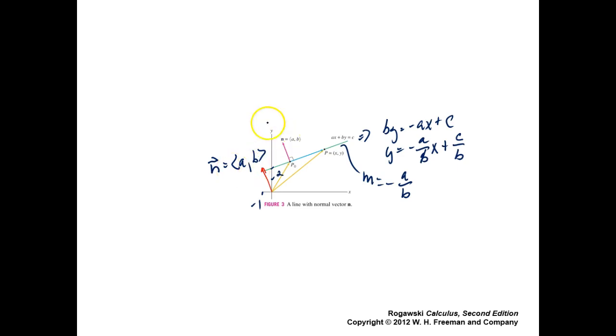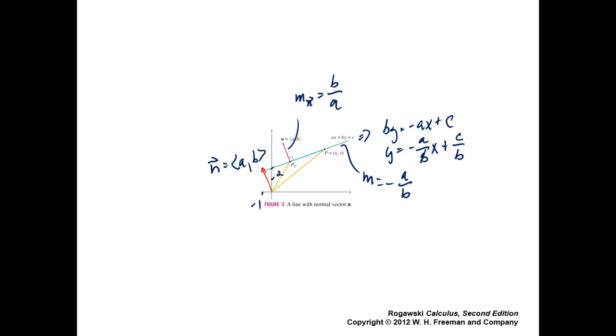So if its slope is B over A, the M for the normal vector is B over A, and the M for the line here is minus A over B. Guess what? A vector perpendicular to this one will have the negative reciprocal.